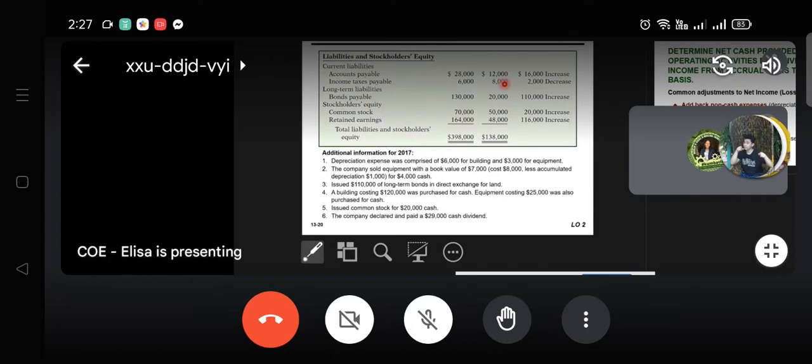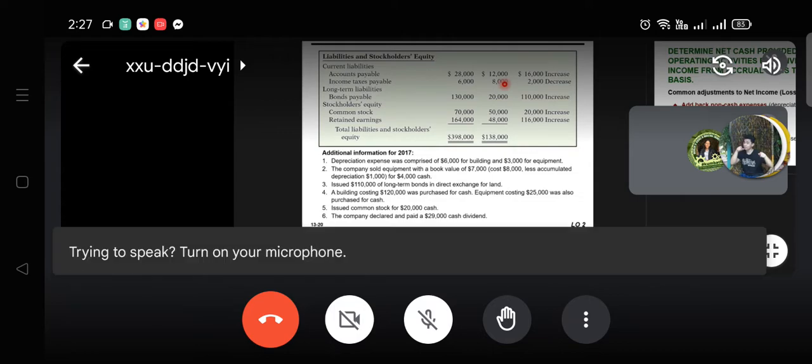What you pay to the government in 2016 was 8,000. In 2017 it became 6. What did you do?